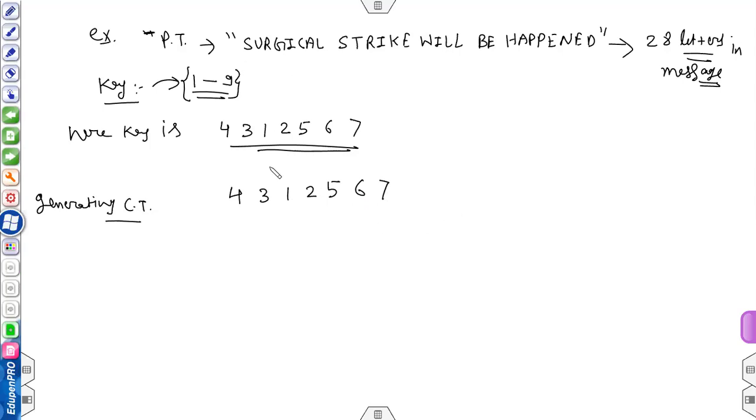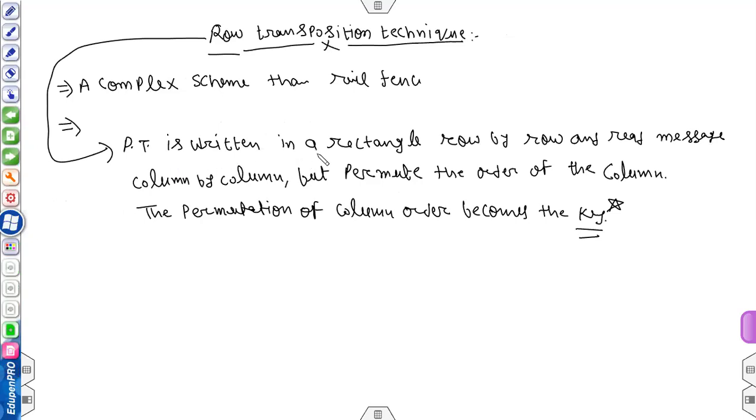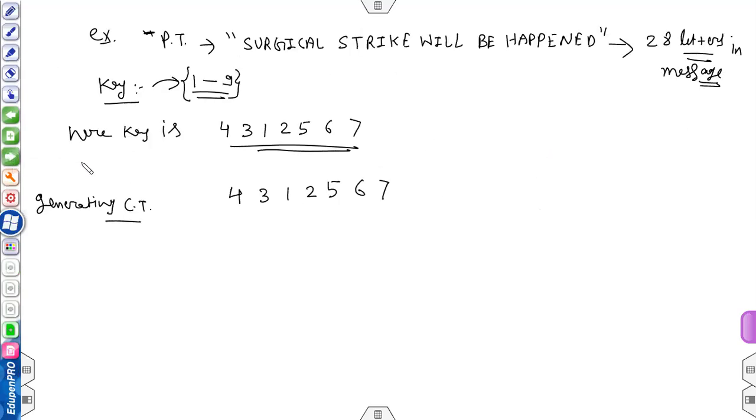As I told you, the plain text is written in a rectangle row by row, and we read the message column by column and permute the order of the columns. So the permutation is 4, 3, 1, 2, 5, 6, 7. If you like, you can arrange some other order of permutation as the key. Suppose this is the key. So first we will fill this.